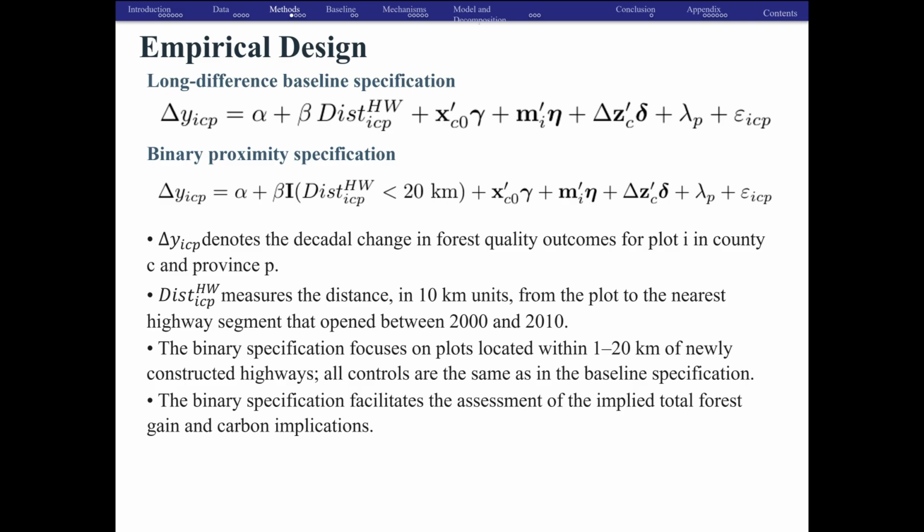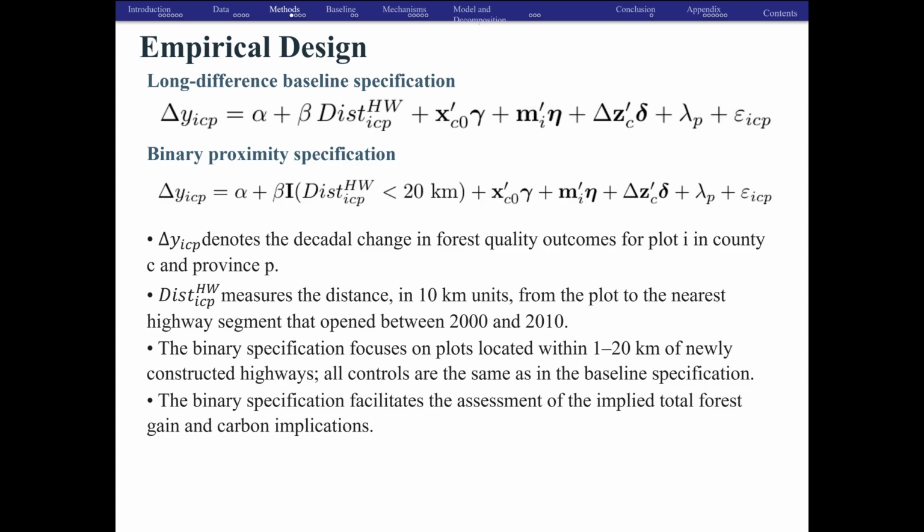First, we have a long difference baseline specification. Then we have a binary, more standard difference estimation. For the first one, the left-hand side variable basically is the decadal change in forest quality outcomes for the plot in a specific county in a specific province.